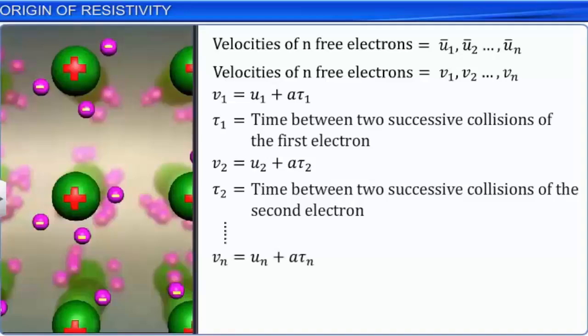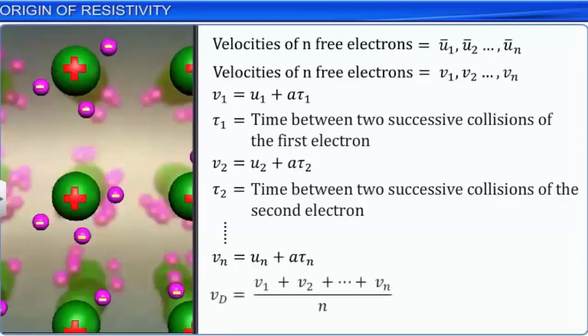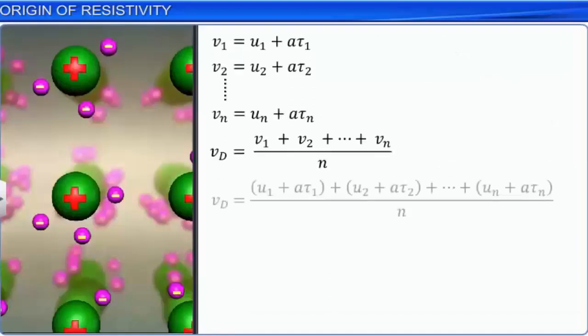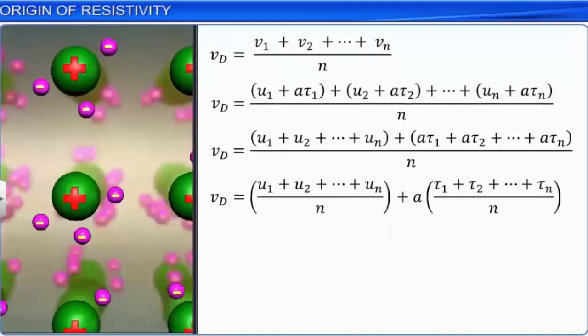The average velocity of all the free electrons is equal to the drift velocity, vd. Hence, vd is equal to v1 plus v2 plus so on plus vn divided by n. Substituting the expressions for v1, v2, so on till vn in the expression for vd and simplifying, we get vd is equal to u plus a into tau.